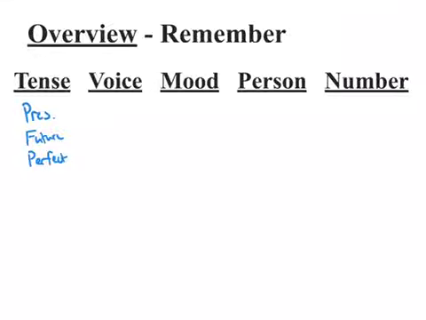And then the secondary tenses would be imperfect, aorist, and pluperfect. That's a great word to say. So technically, we've covered all that.